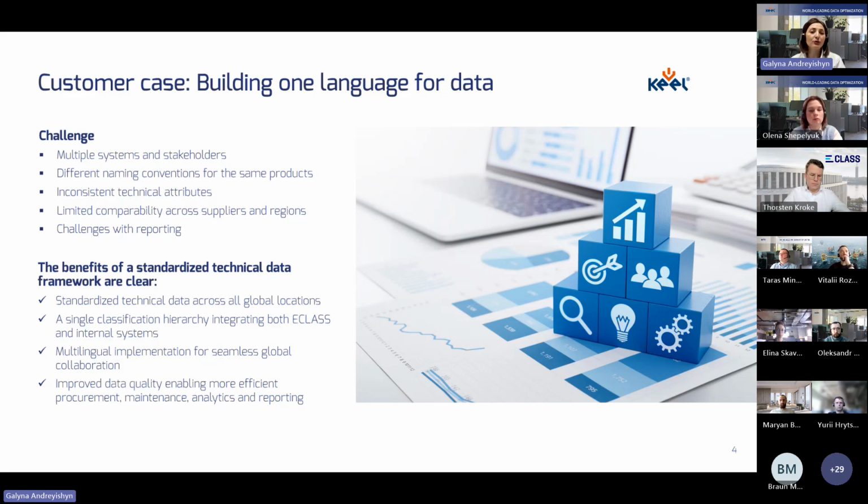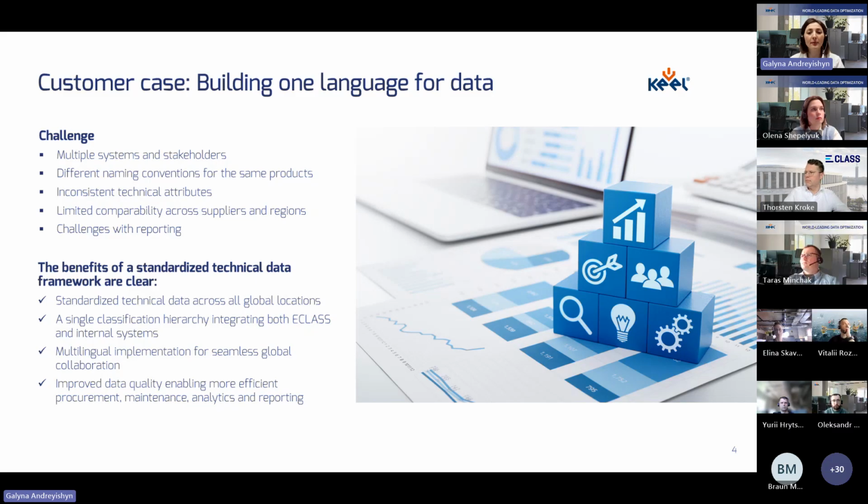Finally, we provided training and support to ensure end users could apply the new classification consistently and sustainably. The result was standardized technical data across all global locations, a single classification hierarchy, integrating ECLASS with internal systems, and significantly improved data quality, enabling more efficient procurement, maintenance, and analytics.